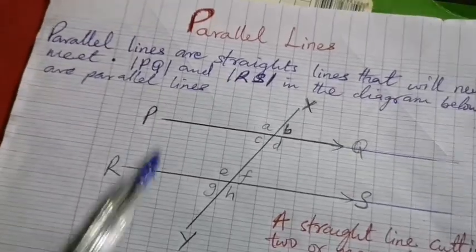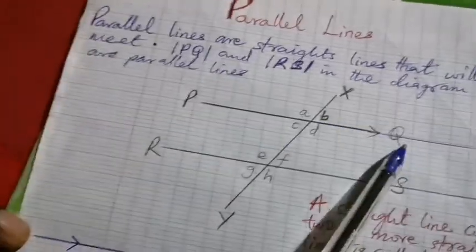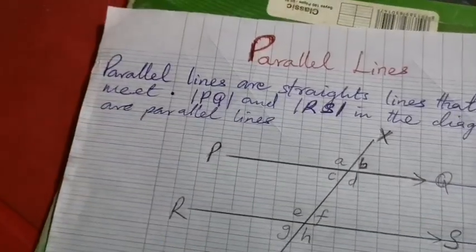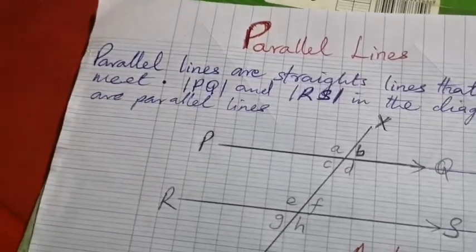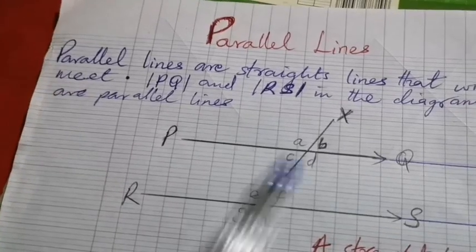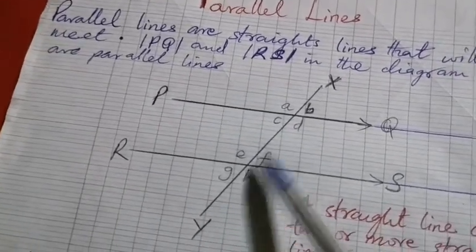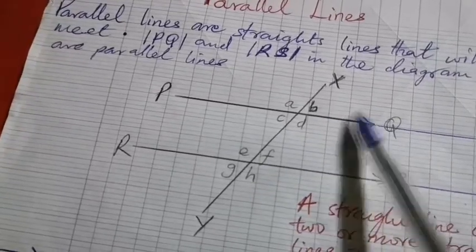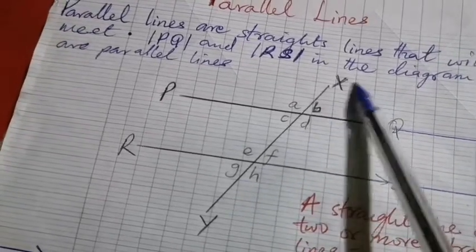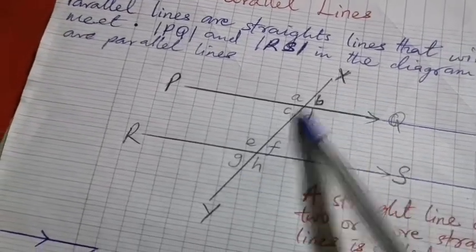Now, like this line, line PQ and line RS, they are parallel lines because they can never meet as I continue to extend them. Now, this line that cuts these parallel lines is called a transversal line.